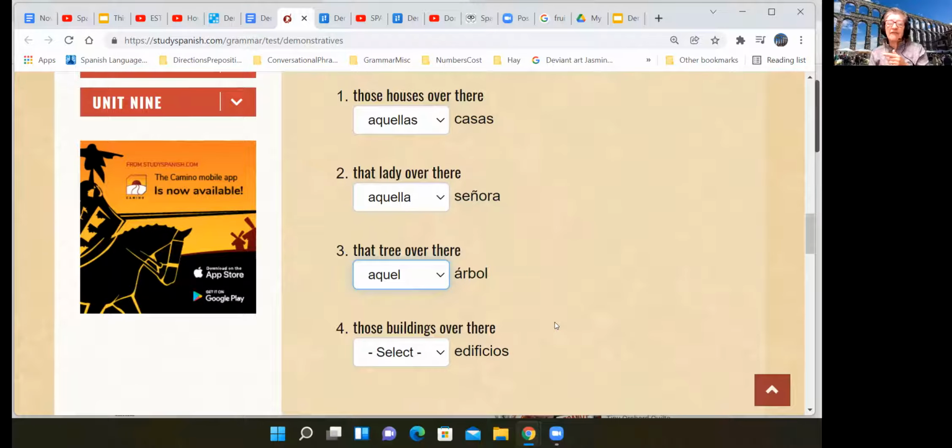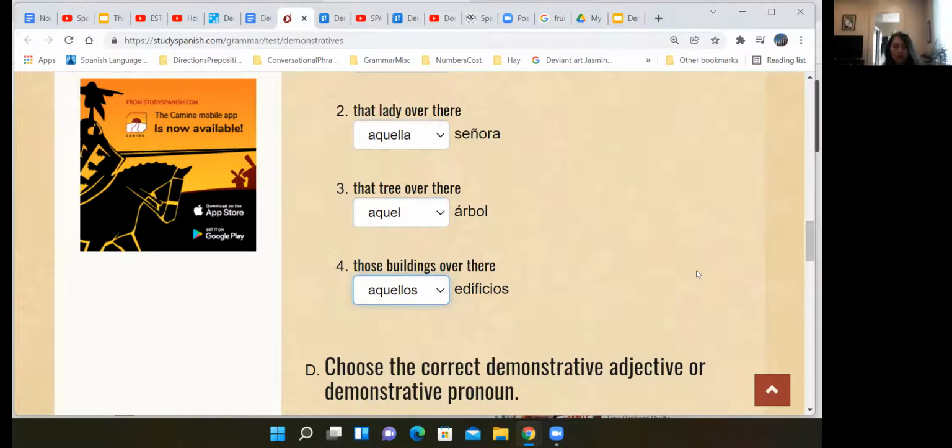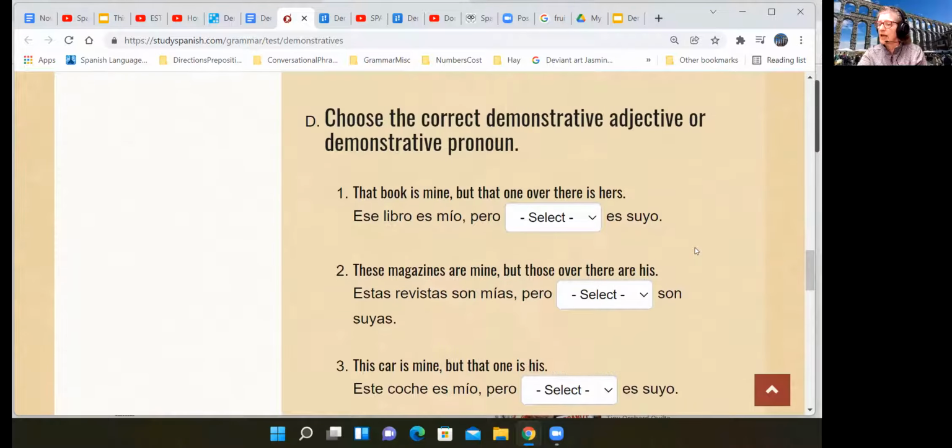Árbol does not have a spelling clue to tell you it's masculine, although most nouns that end in an L wind up being masculine. Those buildings over there, aquellos edificios. Bien, okay.